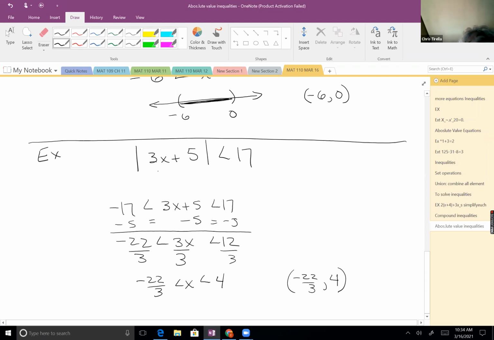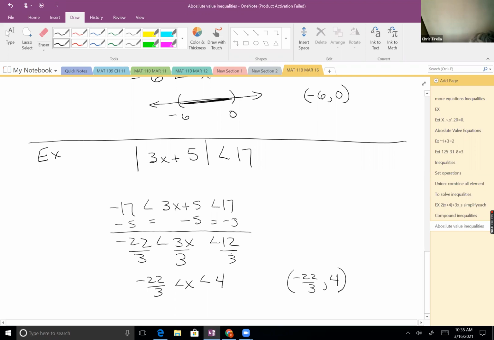Okay, because my absolute value is less than 17, that quantity can be less than 17, but it also must be greater than negative 17. To get the variable alone in the center, we need to subtract 5 from all 3 parts of the inequality, giving me negative 22 is less than 3x is less than 12. And then to get the x all alone with a coefficient of 1, we'll divide all 3 parts by 3.